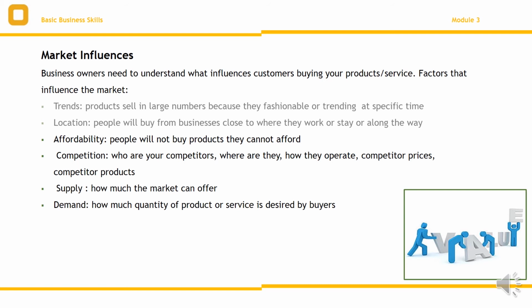An example, if a certain group of people prefer having fruit juice every day, they would rather purchase 5% fruit juice rather than buying 100% fruit juice because the 5% is cheaper. So affordability is an important factor that you need to consider because customers will always buy products and services that they can afford.